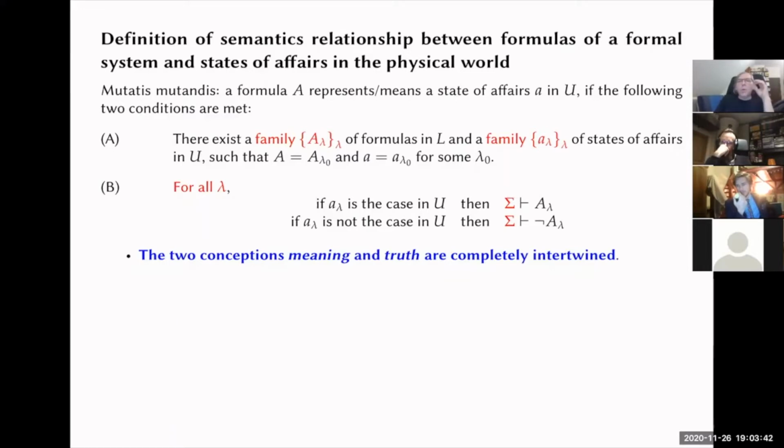Okay, so all this means that semantics is essentially a holistic conception. Meaning cannot be assigned to one single isolated well-formed formula referring to some isolated state of affairs in the world.